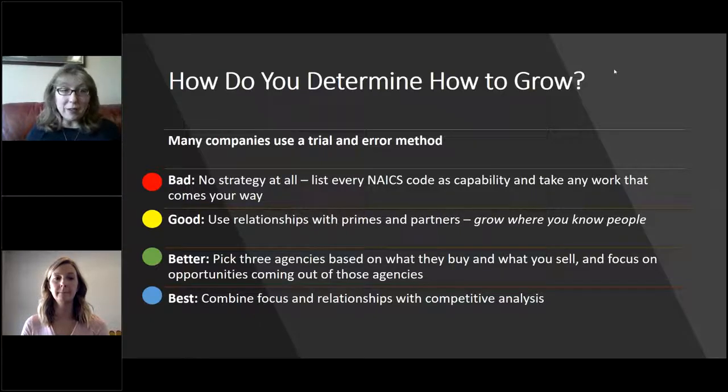Now, a good way is to be somewhat reactive, but use relationships as the foundation, with primes, with partners, maybe with the government, and grow where you know people. For example, one of our clients had a contracting officer call on them and say, hey, we need you to clean a warehouse this Saturday. So he says, okay, yes, can do, and goes and cleans out the warehouse with his brother and some of his friends.